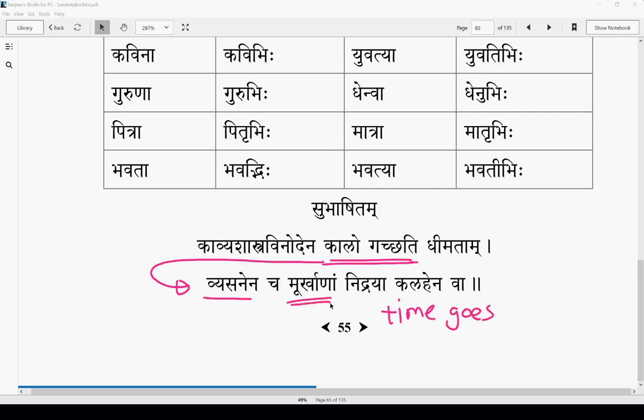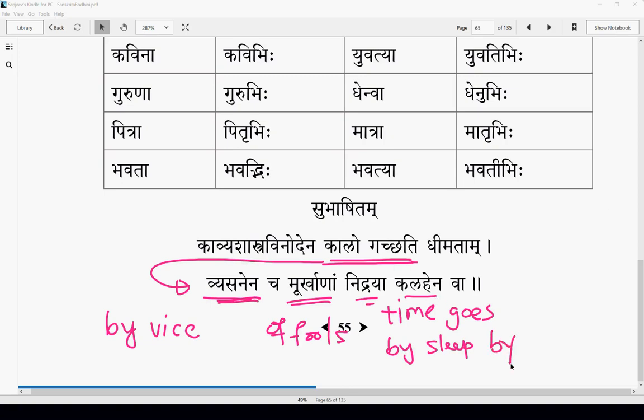Vyasan murkhanam, of fools. Vyasanena, by, let's say I'll put wise. Nidraya, by sleep. Kalahena, by bickering.